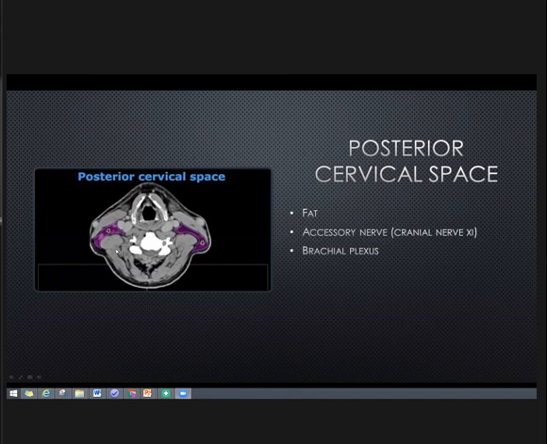In children, there are certain lesions that are multispatial, meaning they involve multiple spaces. Particularly lymphangioma or cystic hygroma usually affects several spaces.